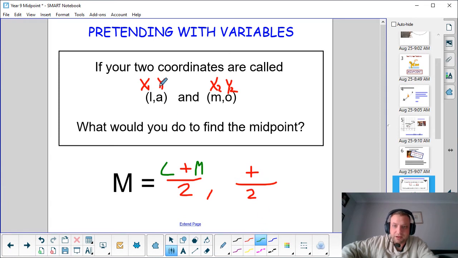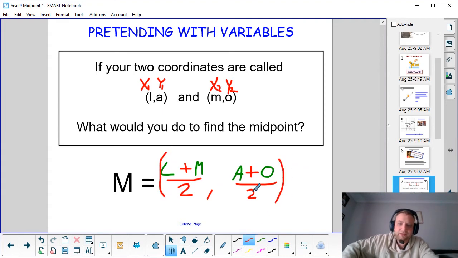So y1 is A, and y2 is O. Right, so there is no actual answer to this question. The answer isn't like 7, or 7, 7, or 2, 2, anything like that. Just really showing you that you should be labeling your points, and because you've labeled them, you can put them in the right spot. Okay, so let's do one with actual numbers now.